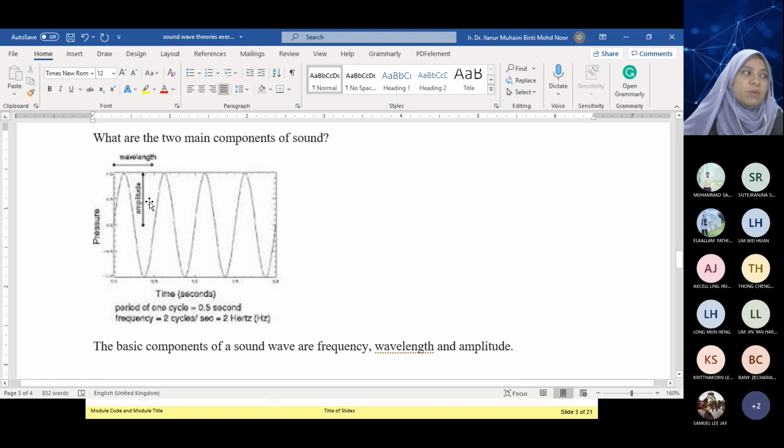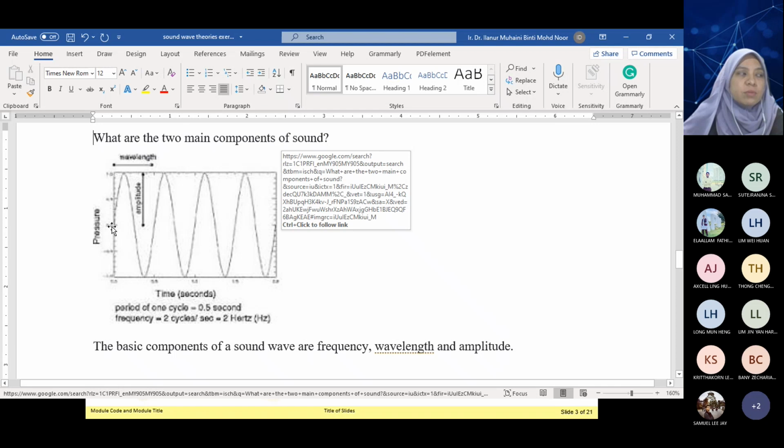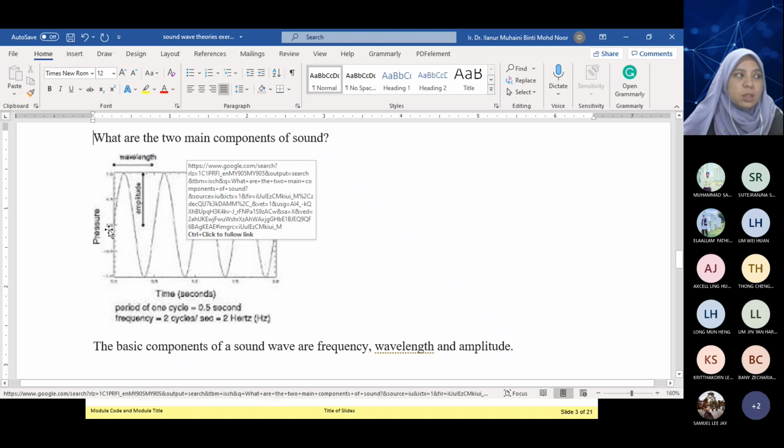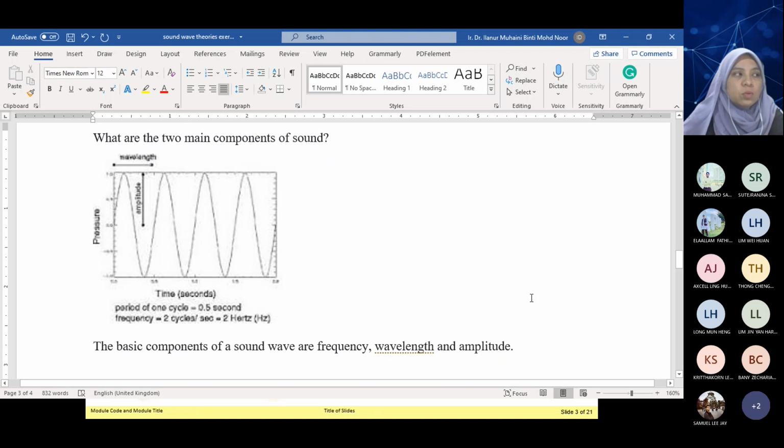If you have a waveform like this, half of the waveform from 0 to the maximum, we call it amplitude. Then from 0 to 1 cycle is the period, or T. From T, we can find F. F equals 1 per T. We have learned this in the previous topic.